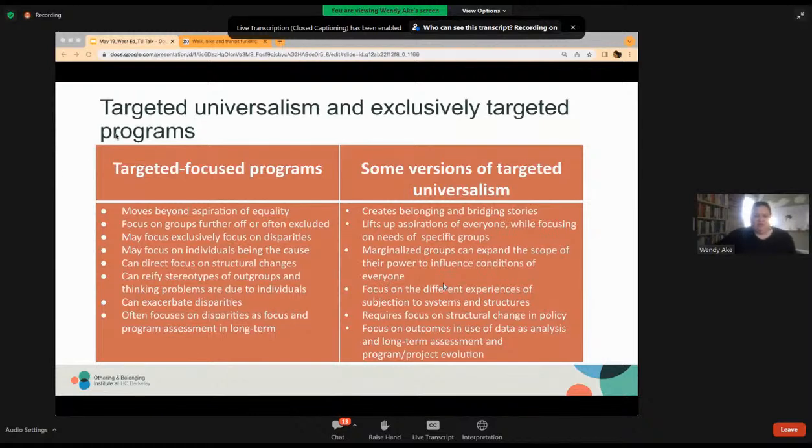But looking at TU, executed to its fullest extent, we can think about this as being a way to operationalize belonging, to expand power. The process of talking about TU and identifying the universal goal depends on including a much greater expression of power across groups, mainly focused on including groups that are far off and traditionally excluded.